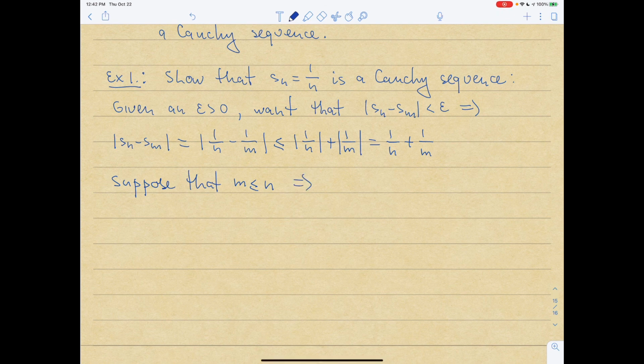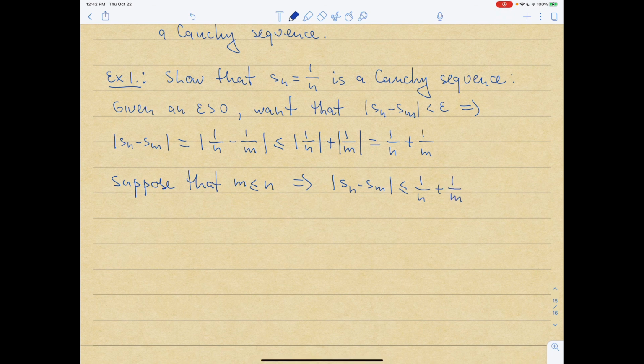And then we continue this set of inequalities: |Sn minus Sm| is going to be less or equal than 1 over n plus 1 over m, right from the previous line.